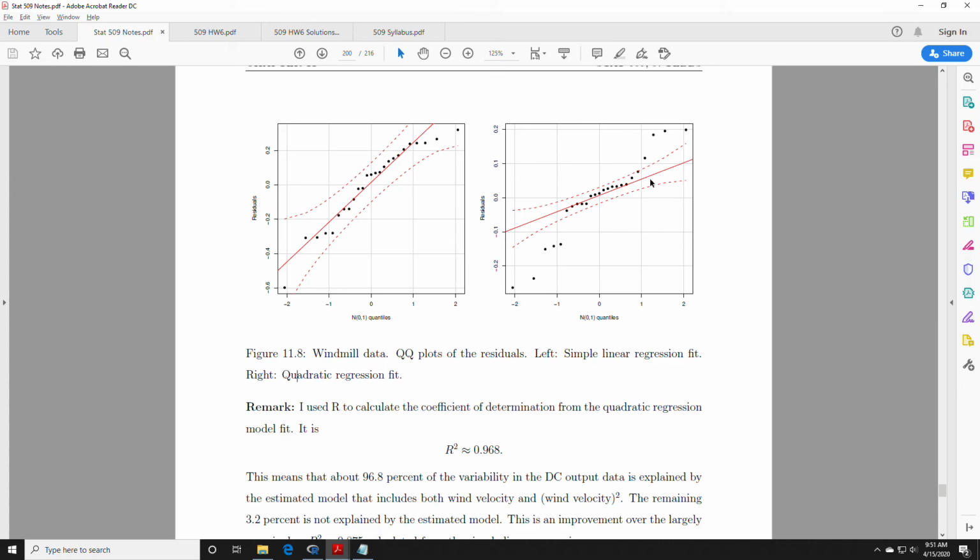And why that could matter is when we think about confidence intervals for the regression parameters, like a confidence interval for the slope parameter, those confidence intervals rely on the data being normally distributed. So when the residuals are not normally distributed, it impacts those confidence intervals, making them not necessarily valid, okay? So things like that.